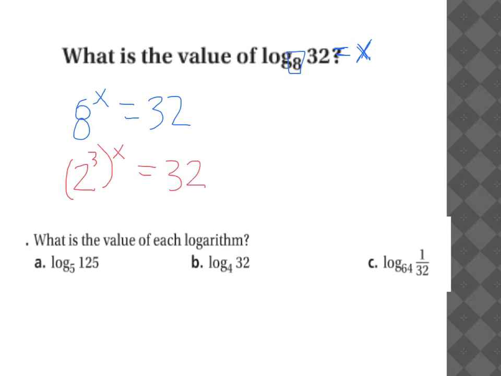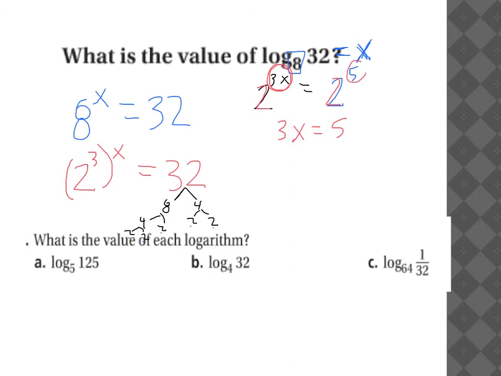Now I can use my properties of exponents. One thing I can do is rewrite this as 2 to the 3x is equal to, and I can also do my factor tree here. So once I do my factor tree, it looks like I have 2 five times. So I can write 2 to the 5th is equal to 32. Once you have the same bases equal to each other, I can say 3x is now equal to 5 because of the same base.